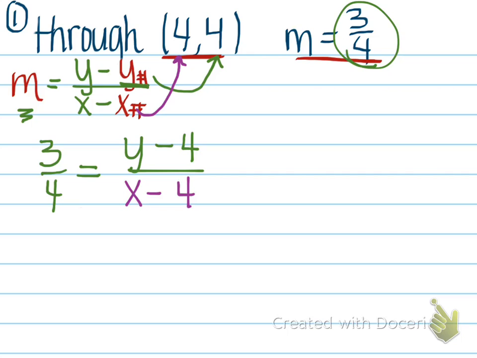So I'll go ahead and write x minus, and the x number they also gave us, ironically, it also happens to be 4. Now, if you remember from a few weeks ago, in order to solve this kind of problem, we're going to cross multiply.